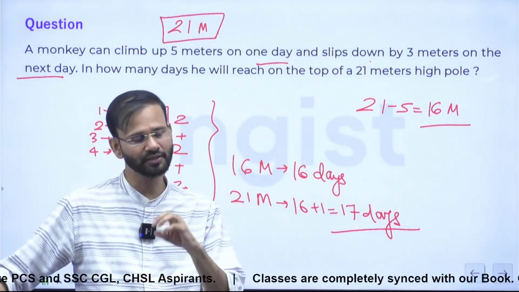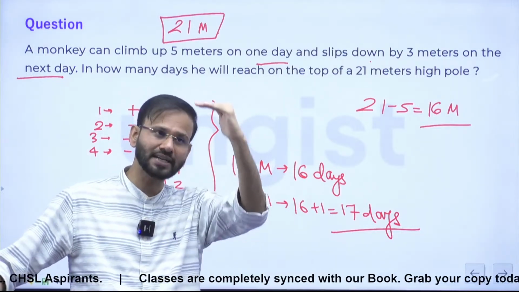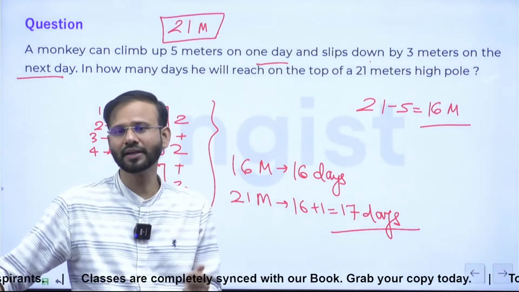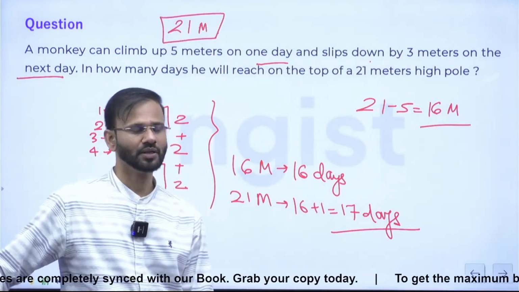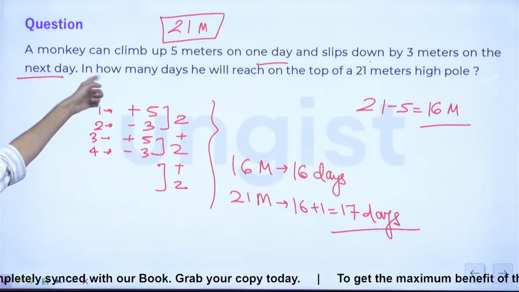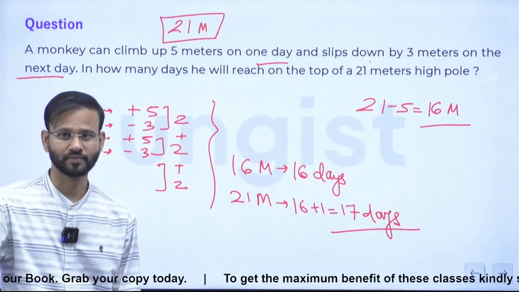I repeat, if in only one jump he is climbing 5 meters and slipping down by 3 meters, then it will be effectively climbing up 2 meters in 1 day. But the question is saying he is climbing up by 5 meters in 1 day and slipping down by 3 meters on the next day. Right?